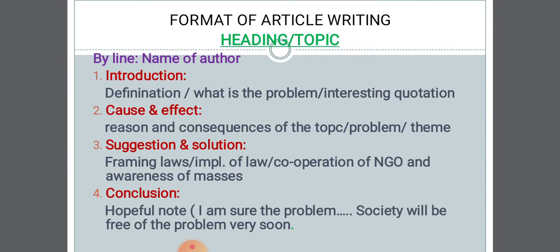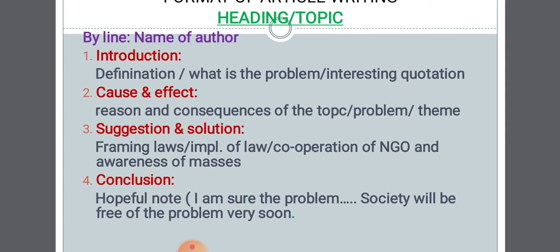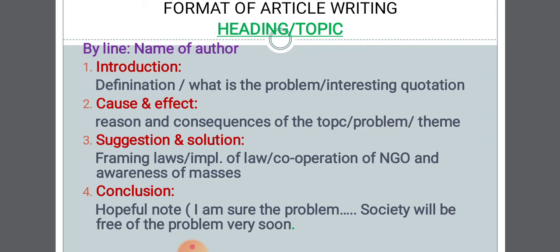Next, cause and effect. Some children separate cause and effect into 2 paragraphs. That also is okay, but I would suggest you write cause and effect in 1 paragraph. Then valuable suggestions and solution. And finally, the conclusion.